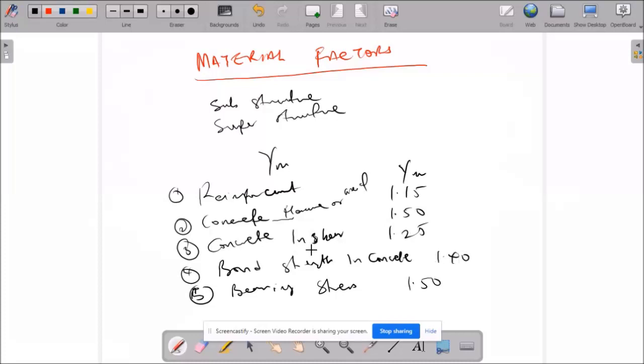So these are material factors which take into account inconsistency and variation on site, and inconsistency during the production of these materials. So for steel, we've said it is 1.15. For concrete, under flexure or axial load 1.50, under shear 1.25, bond strength in concrete 1.40, and bearing strength 1.5.